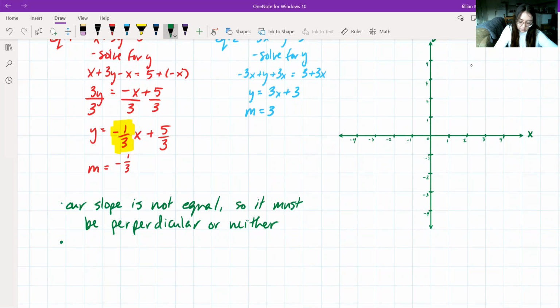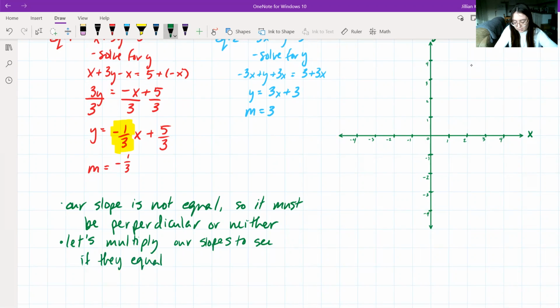So let's multiply our slopes to see if they equal negative 1, and this would mean that it's perpendicular.